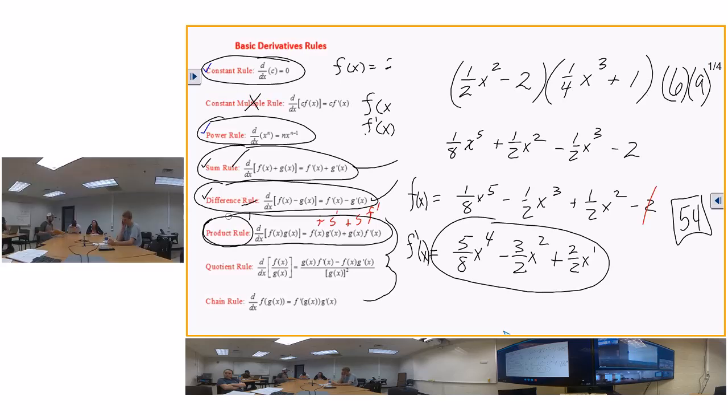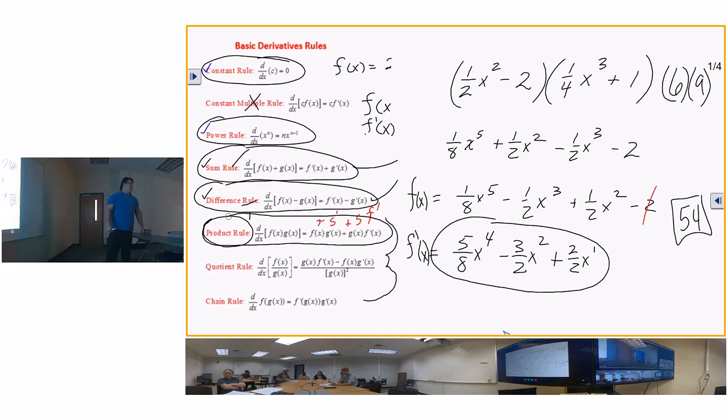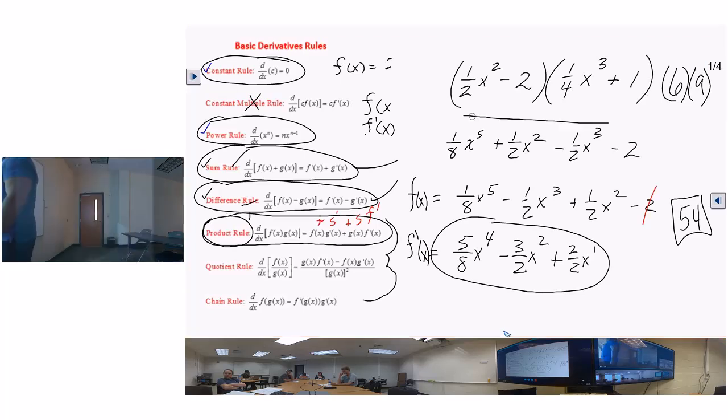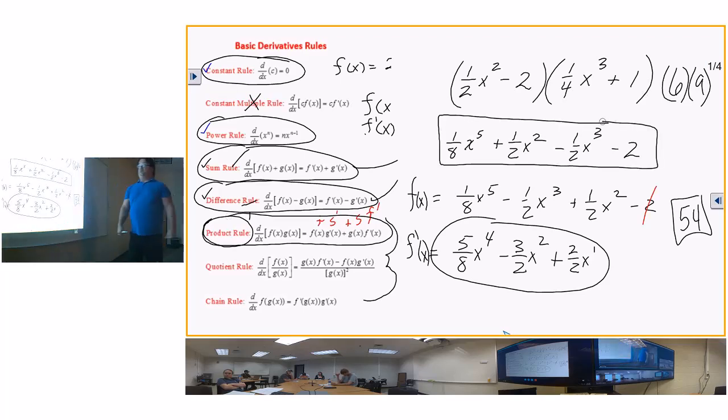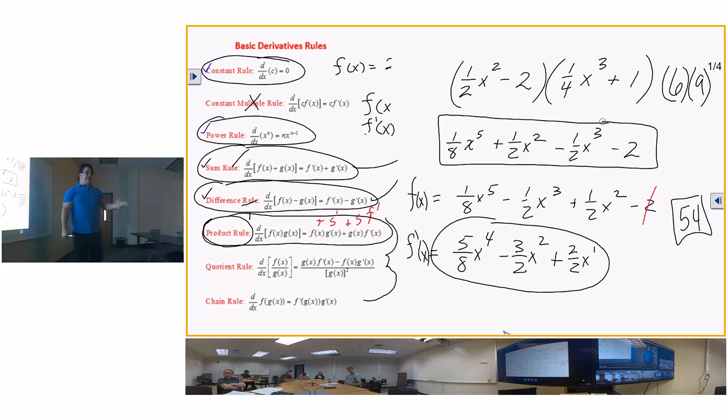Okay, now let's do it the other way. Anybody got a question? So that shows the derivative function. That's the derivative of this function right here. So that means if you set that to 0, then you would find your increasing and decreasing values.